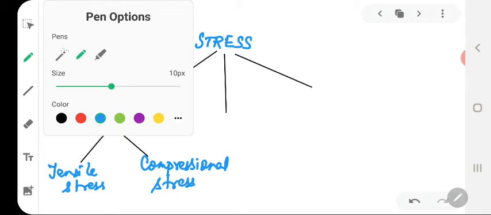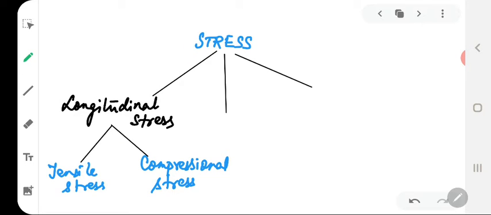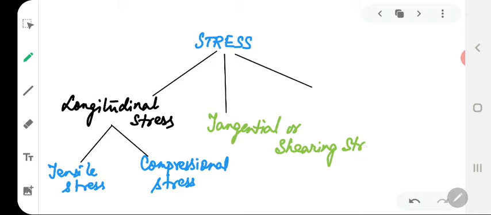Coming to the second group, the second is tangential or shearing stress. If deforming force acts tangentially to the surface of a body, it produces a change in the shape of the body.